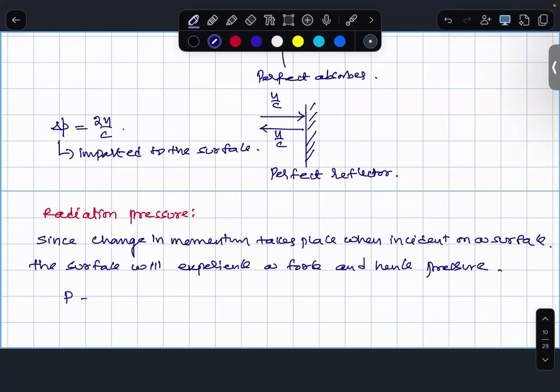So pressure P is force per unit area, 1 by A times the time rate of change of momentum.